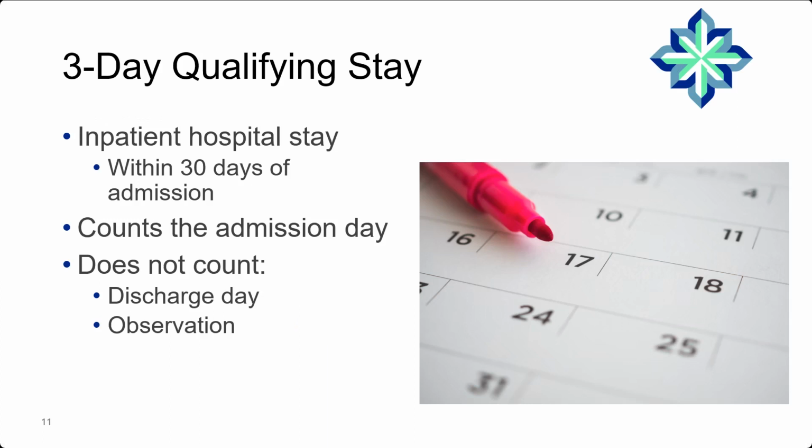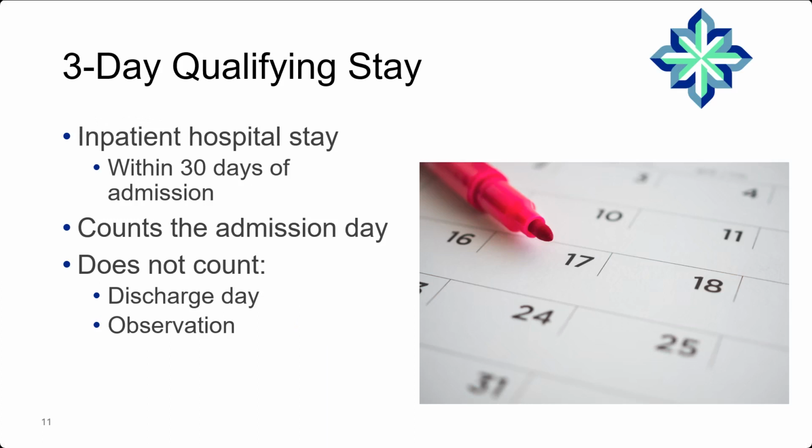There's a couple of caveats, and again, I talked about this, but I really needed you guys to remember this one. The 3-day qualifying stay must occur within 30 days of admission. This is not business days. This is calendar days. Now there is an exception, and it just says, hey, if there's a written plan for longer time frames, as long as it's written out, we understand that. Okay.